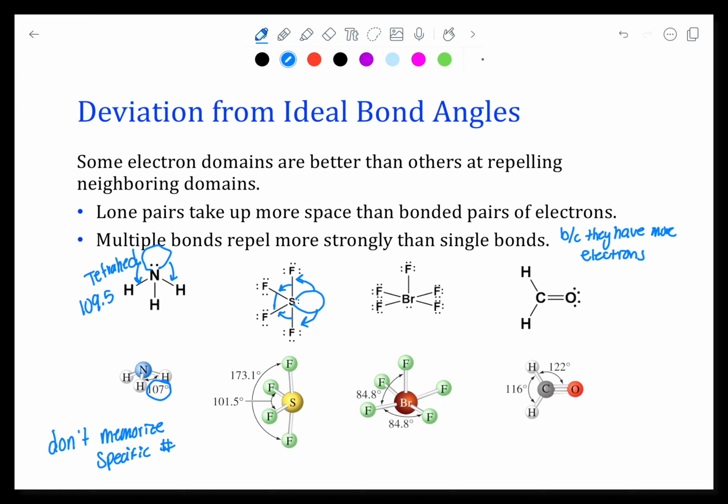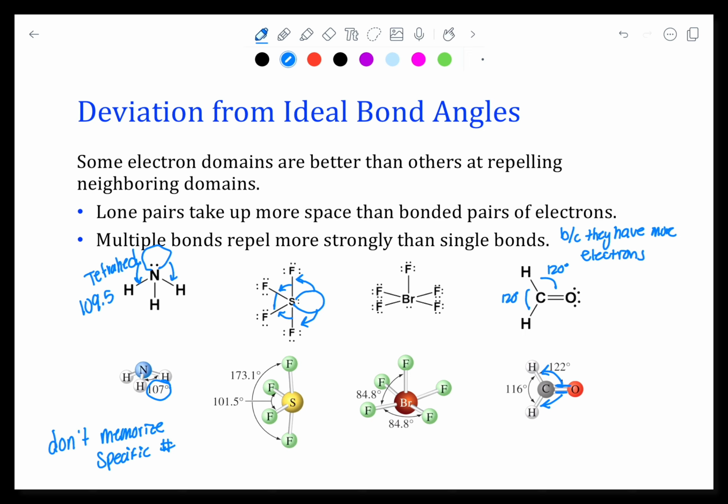With our double bond example here at the end, with CH2O, what normally would be 120 degrees is now 122 because the 4 electrons in these bonds are pushing these down more. So it's then decreasing this bond, which was 120.